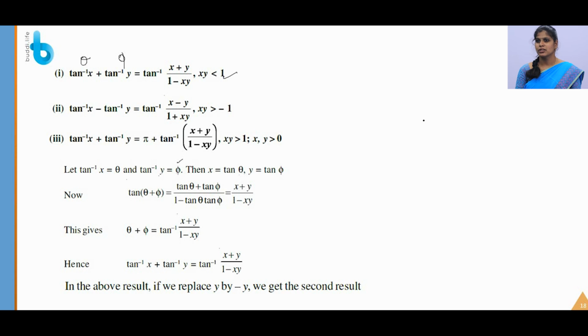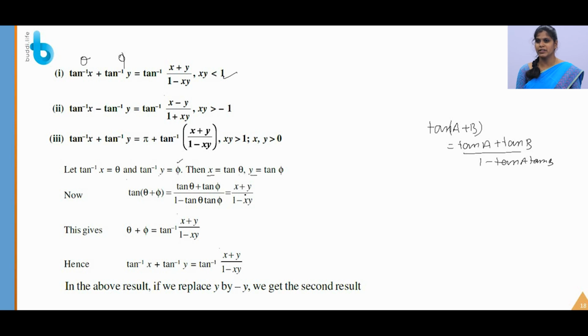That is, you would have learnt the identity or property, tan of a plus b equal to tan a plus tan b divided by 1 minus tan a tan b. Same thing we are using here, instead of a we have theta, instead of b we have phi. So what is tan theta here? Tan theta is x and tan phi is y.